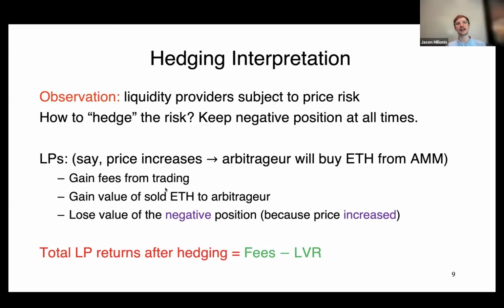And so the total LP returns after hedging, so after removing this market risk, is going to be the fees that you obtain minus LVR. Now, I haven't shown you formally why that is, but I hope you can believe me when I say that this is actually the correct quantity that you would obtain by doing this.